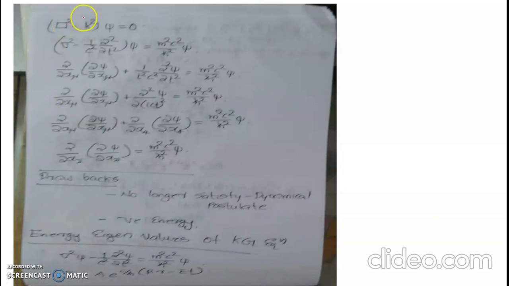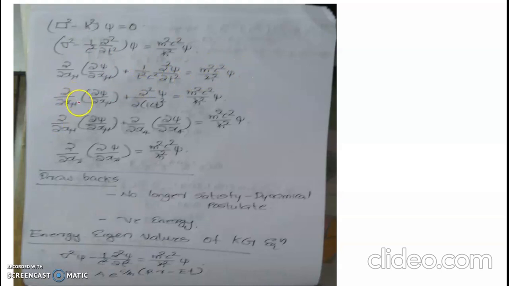Now we have the equation del square minus k square psi equal to 0, or D'Alembertian psi equal to m square c square by ħ square psi. The D'Alembertian has the space-dependent term del square, which is ∂/∂x_mu operating over ∂psi/∂x_mu, plus we take minus 1 as i square, and i square is written in the denominator, so that it becomes plus 1 by i square c square ∂ square psi by ∂t square, equal to k square psi.